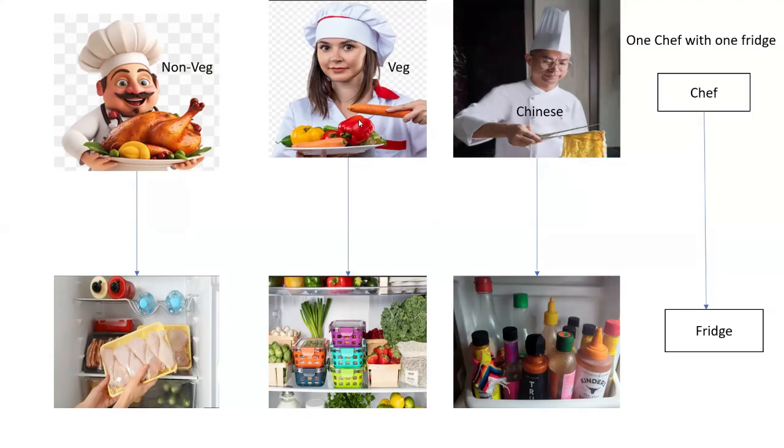Instead of everyone going to one fridge, we separated the items: chicken items on one side, vegetable items on one side, sauce items on one side. This is called data partitioning.